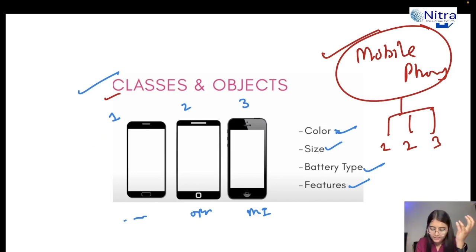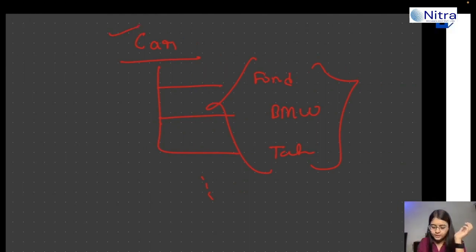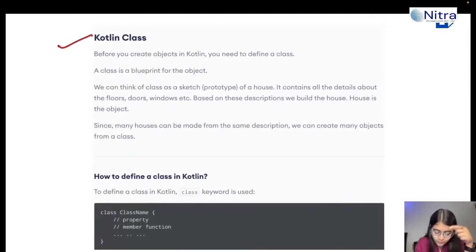Like all these are related to the class mobile phone, these all are mobile phones only. In the same way, all these objects, object 1, 2, 3 are of the same type. They are cars only, but obviously the features, the color, the price and all those things will be different, right? Perfect.